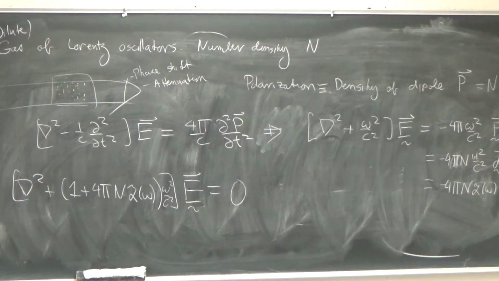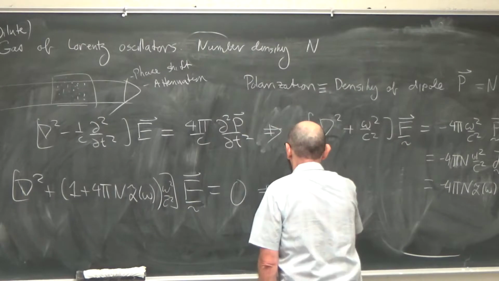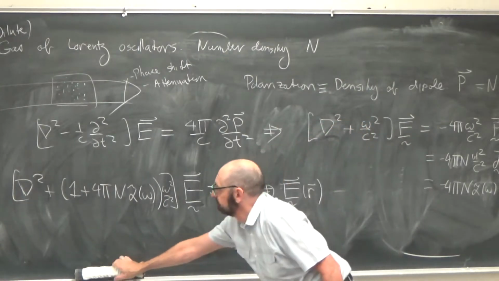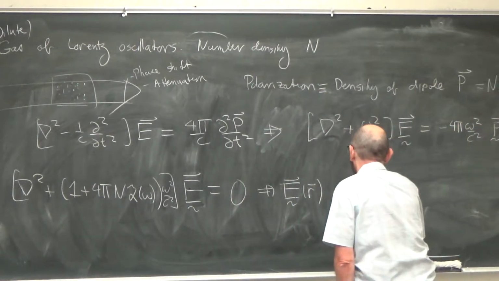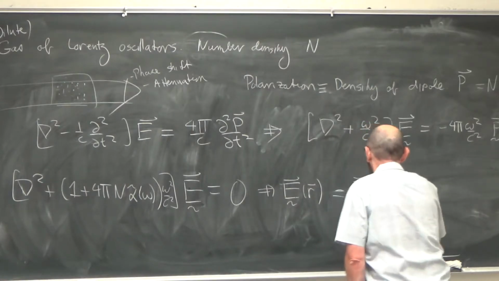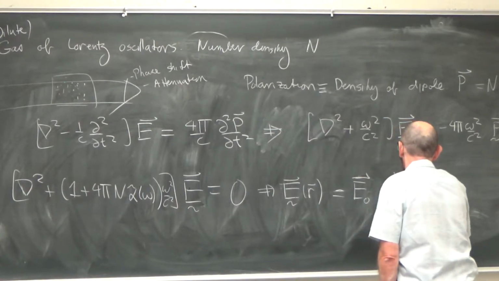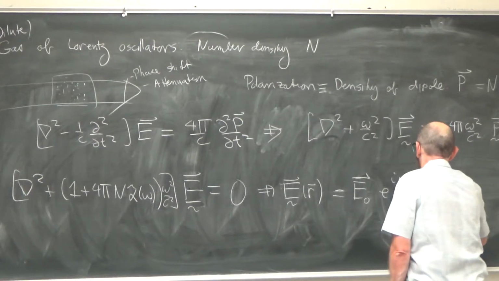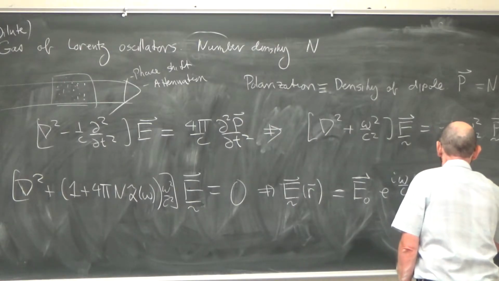Of course, the Helmholtz equation has plane wave solutions, which is equal to some amplitude e to the i omega over c times n tilde in some direction dotted into r.